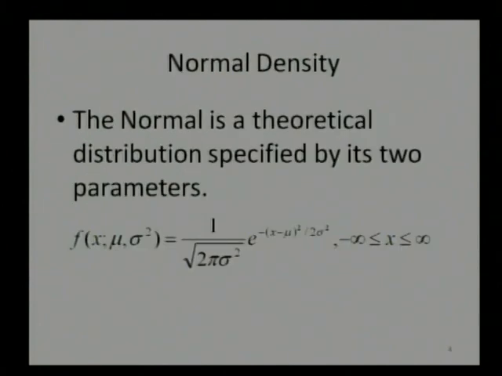Here again you know the normal density. The normal is a theoretical distribution specified by its two parameters, mean mu and variance sigma square. Variable x can take values from minus infinity to plus infinity, and the PDF is given as 1 upon root 2 pi sigma square multiplied by e raised to minus (x minus mu) square divided by 2 sigma square.